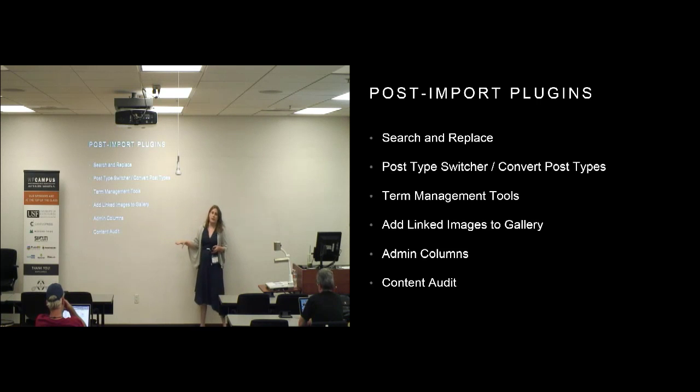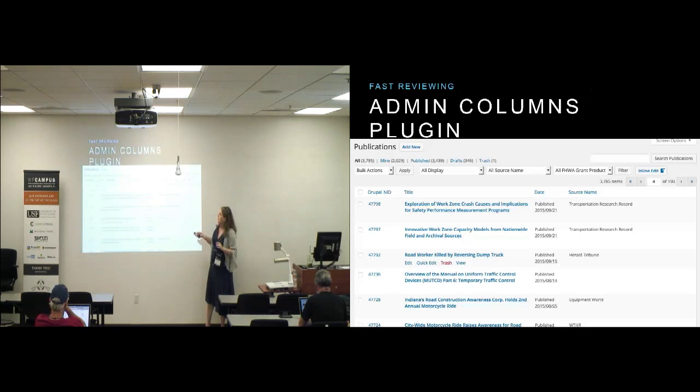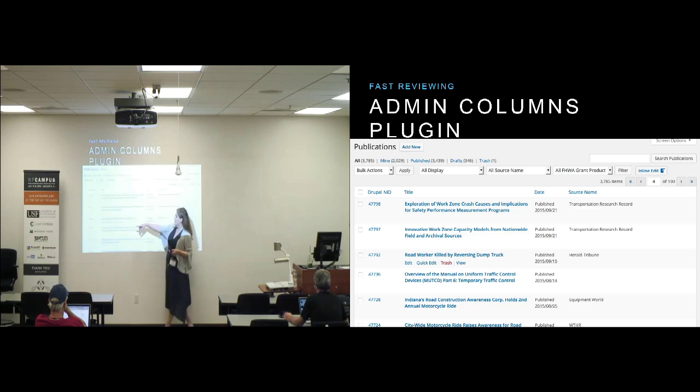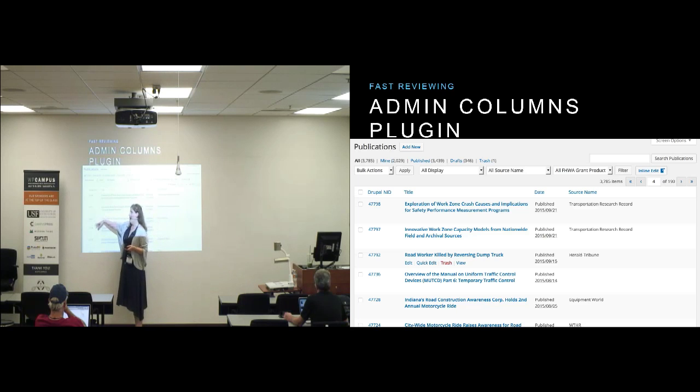For reviewing everything that you have just brought in, admin columns is great because it lets you add new columns to your edit list screens. For this import, we had things like the source name that was imported as a custom field, and we needed to check that for these publications and make sure that it came through with special characters and whatnot. We also wanted a column, and I wrote this one by hand, but I think you could do something similar in admin columns.